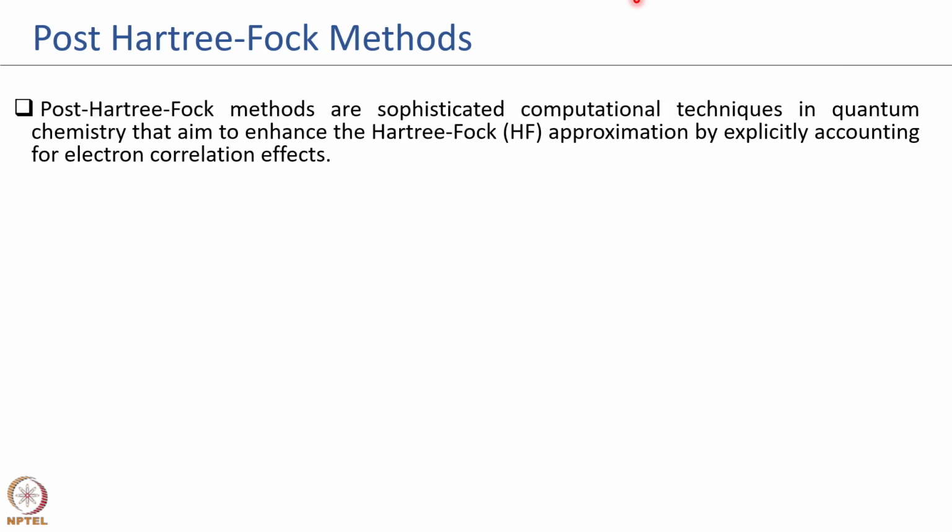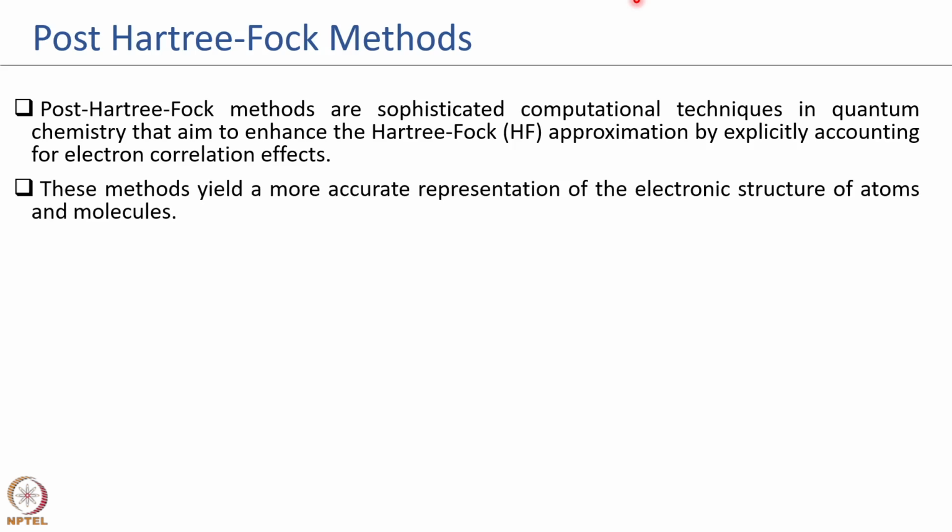Now, post-Hartree-Fock methods. These post-Hartree-Fock methods are generally sophisticated computational techniques in quantum chemistry that aim to enhance the Hartree-Fock approximation by explicitly accounting for the electron correlation error on top of Hartree-Fock. So, these post-Hartree-Fock methods always start with a reference Hartree-Fock determinant, and generally Hartree-Fock will recover around 95% of the total energy, and the rest of the energy is called correlation energy.